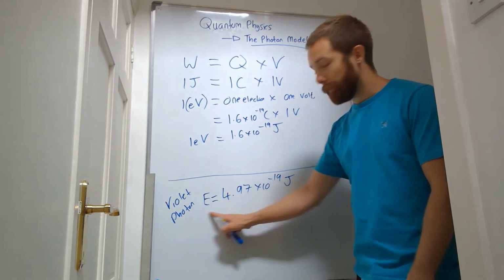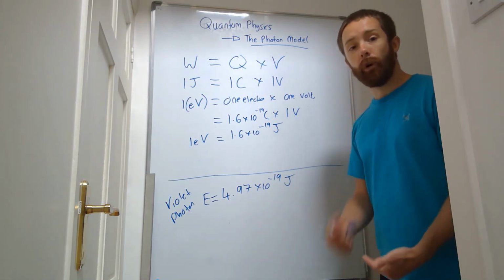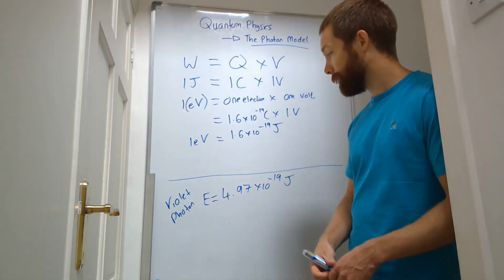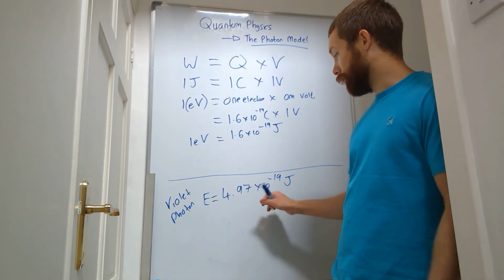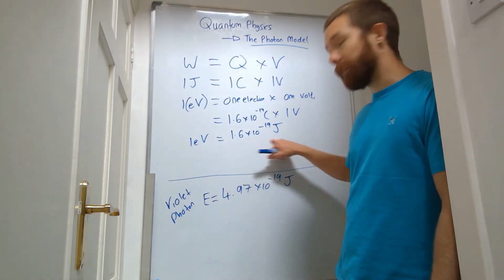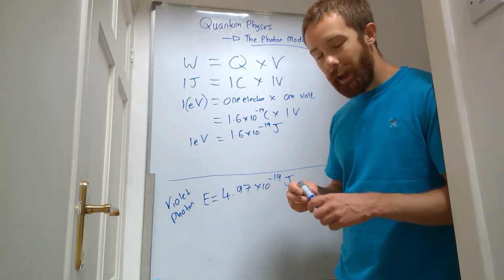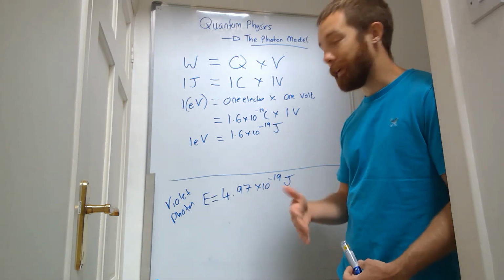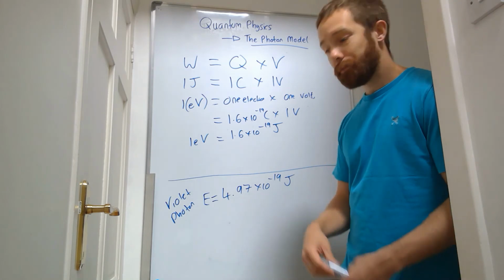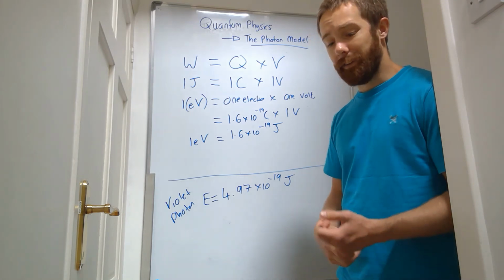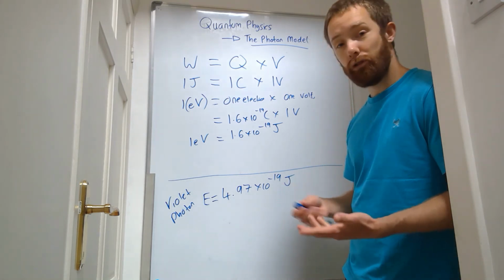So when we come back down to this number here, we can work out how many electron volts that is, and we are going to divide by 1.6 times 10 to the minus 19. Okay, if you ever get to a point where you're struggling to remember whether it is times or divide, what I generally say is just think of both.